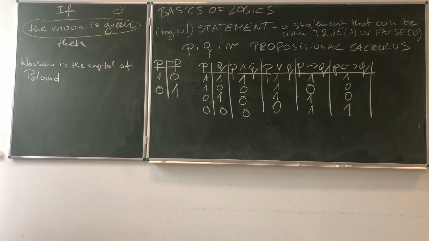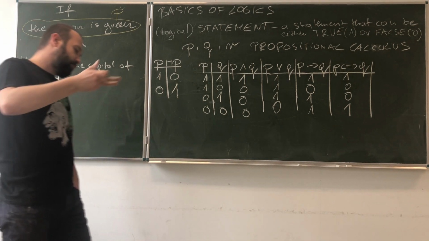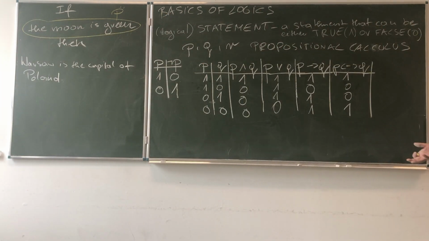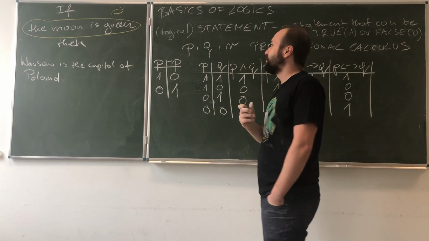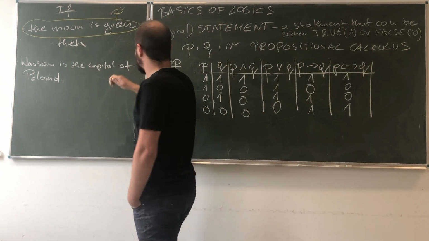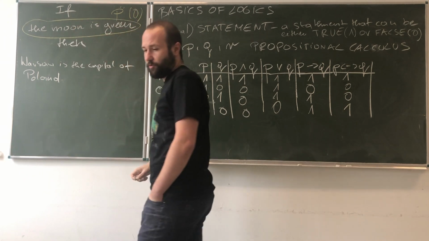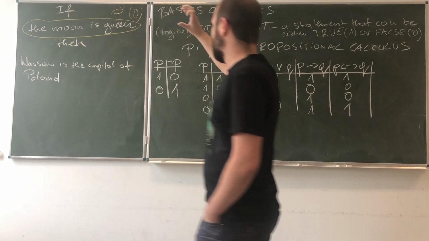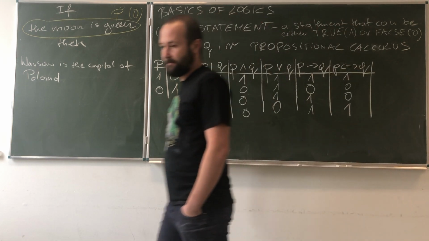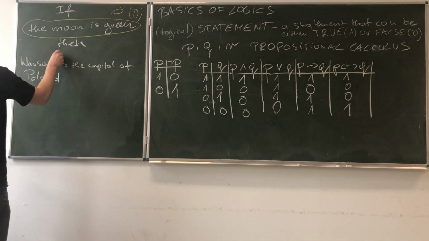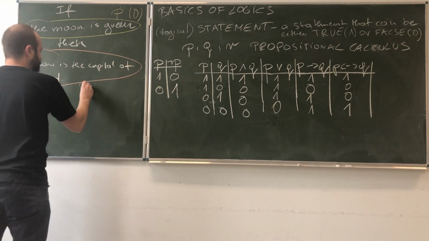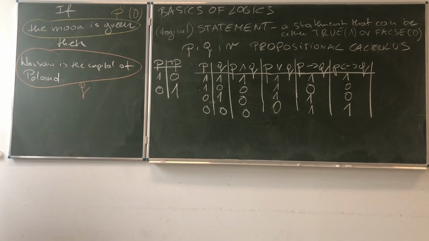Now, is the moon green? Well, we cannot say with certainty, probably just looking from Earth, but definitely the scientists from NASA have proven beyond reasonable doubt that the moon is not green. So we've got 0 over here as a logical value of this part of the sentence. Then this part, let's call it Q, is Warsaw is the capital of Poland.